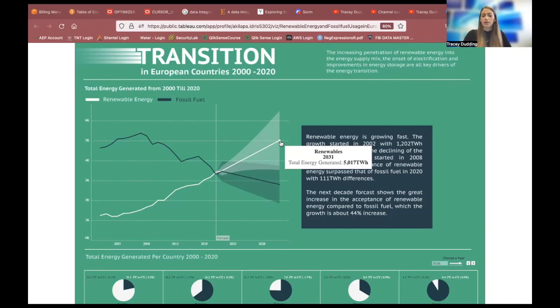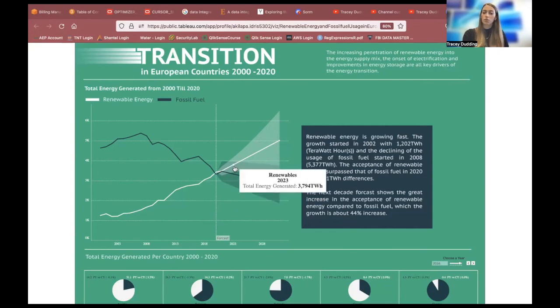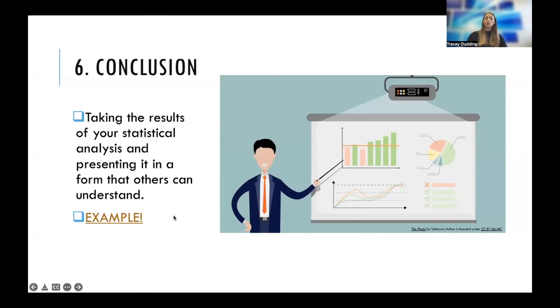I mean, it means something, but here we can even make a comparison between these two lines. Okay, well, we might say that in 2023 we don't see a huge difference in them, but by 2031 there is a huge difference. That's another thing that they're communicating here that they might not have gotten across by just giving those simple numbers. So that is why it is so important to communicate your results effectively.